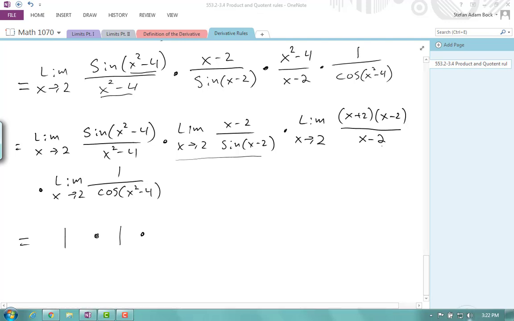The third limit, I can cancel these x minus 2's, leaving me with the limit as x goes to 2 of x plus 2, which is 2 plus 2, which is equal to 4, multiplied by, and then the fourth limit, if I plug in 2, is 1 divided by cosine of 0, and cosine of 0 is equal to 1, so this is also 1, leaving me with an answer of 4. Wasn't that fun? I wish we could have more of those.